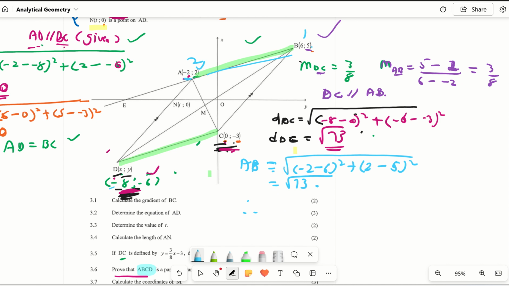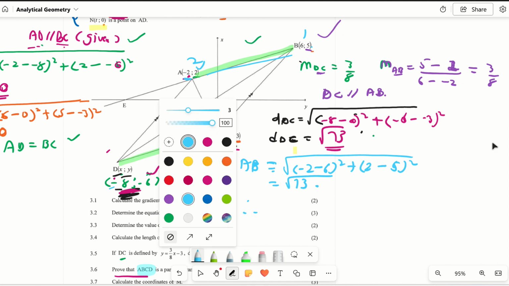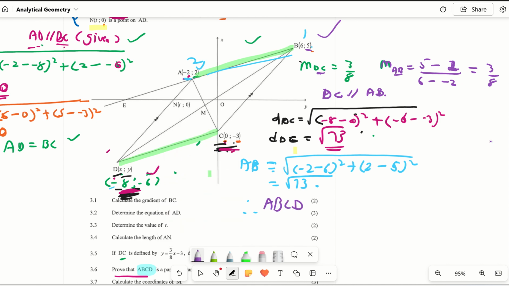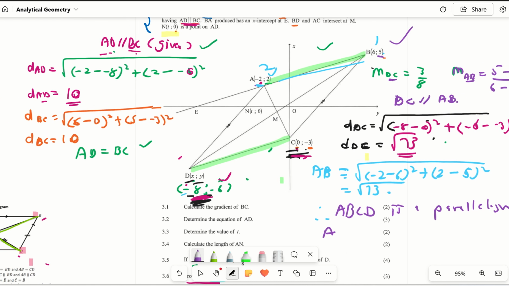So therefore, ABCD is a parallelogram. Why? Because AD is parallel to BC and AD is also equal to BC.